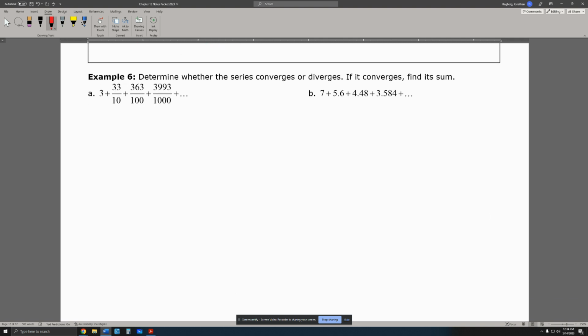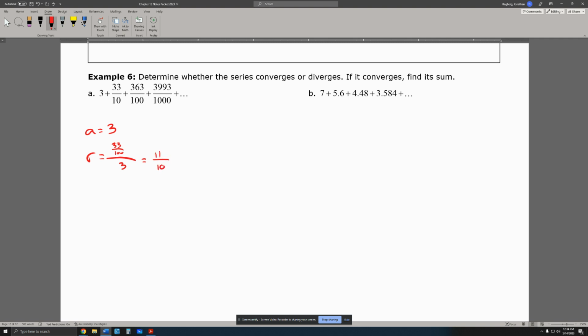Example 6. Determine whether the series converges or diverges. If it converges, find the sum. Okay, so for this first one, I know that the first term is 3, and our common ratio is equal to, well, our second term is 33/100ths, and I'm going to divide that by 3. Dividing by 3 is the same as multiplying by a third, so that tells me that this is equal to 11/10.